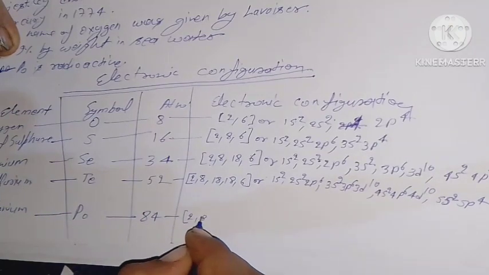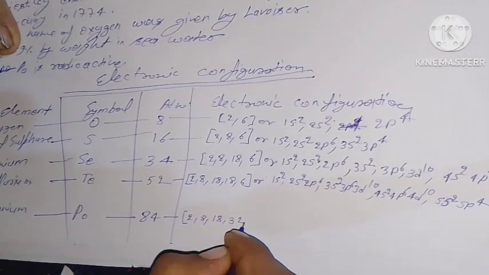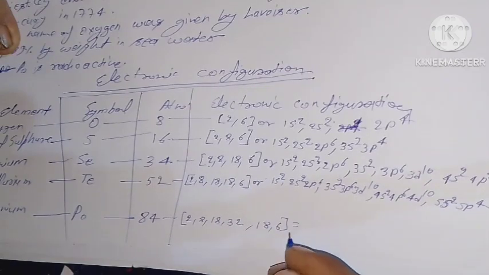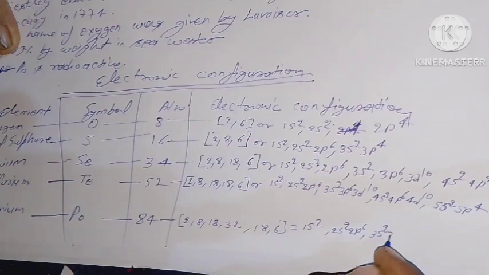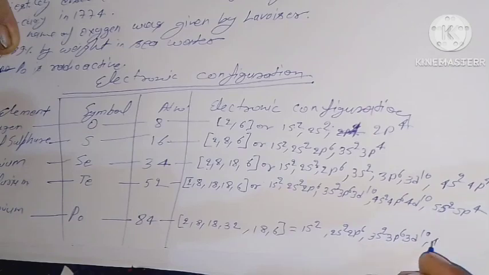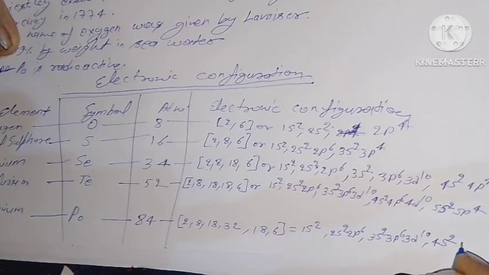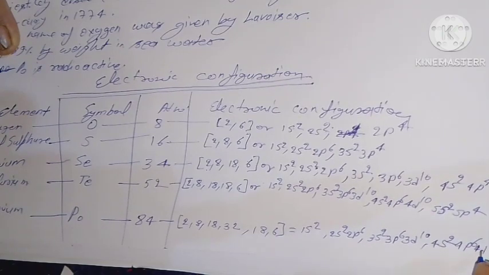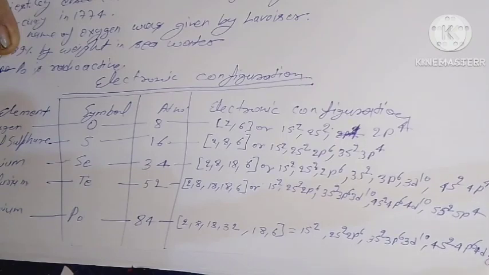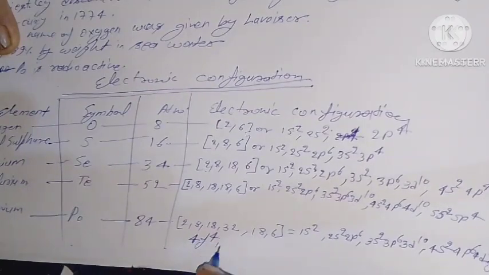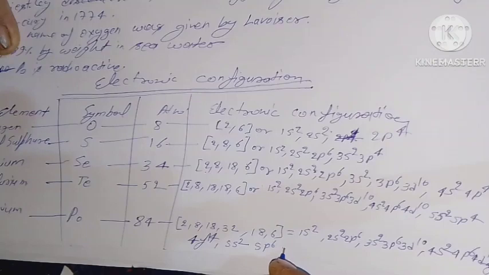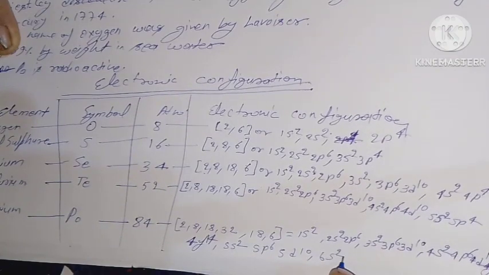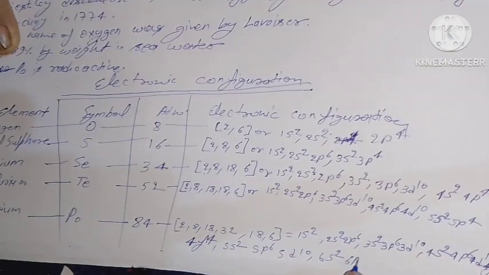The electronic configuration of polonium is 2, 8, 18, 32, 18, 6, or 1s2, 2s2, 2p6, 3s2, 3p6, 3d10, 4s2, 4p6, 4d10, 4f14, 5s2, 5p6, 5d10, 6s2, 6p4.